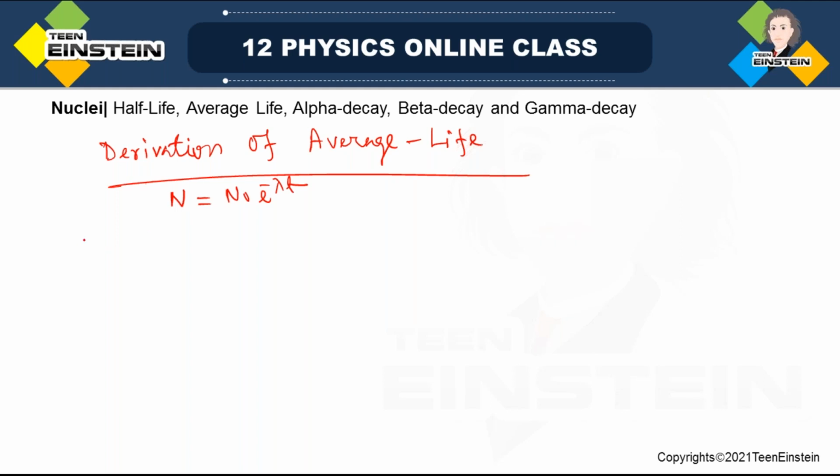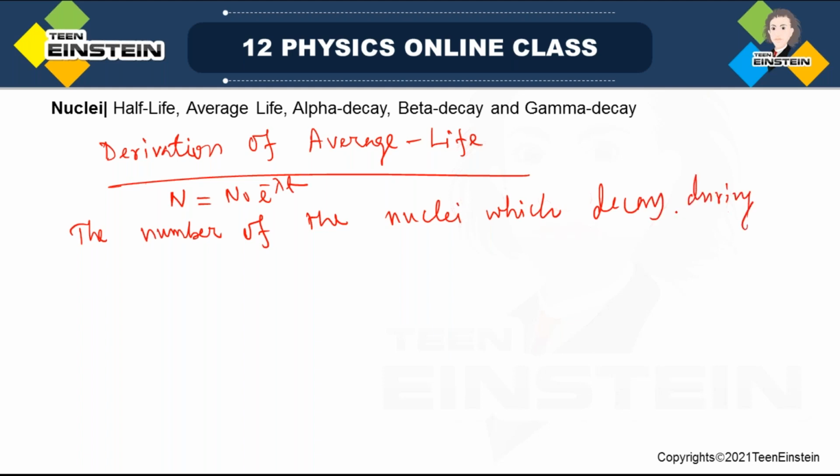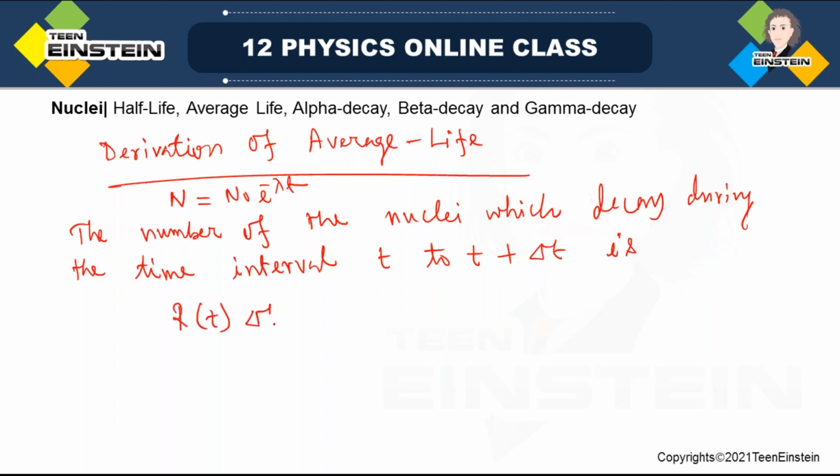The number of nuclei which decay during the time interval t to t plus delta t can be obtained from the rate into delta t.